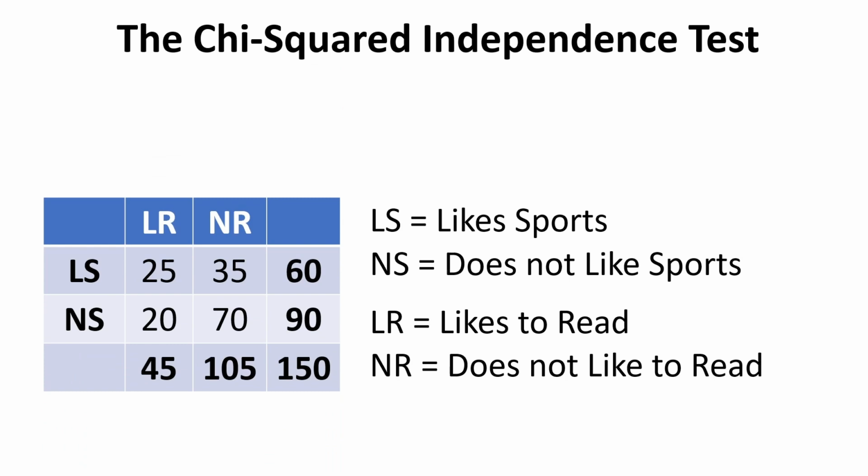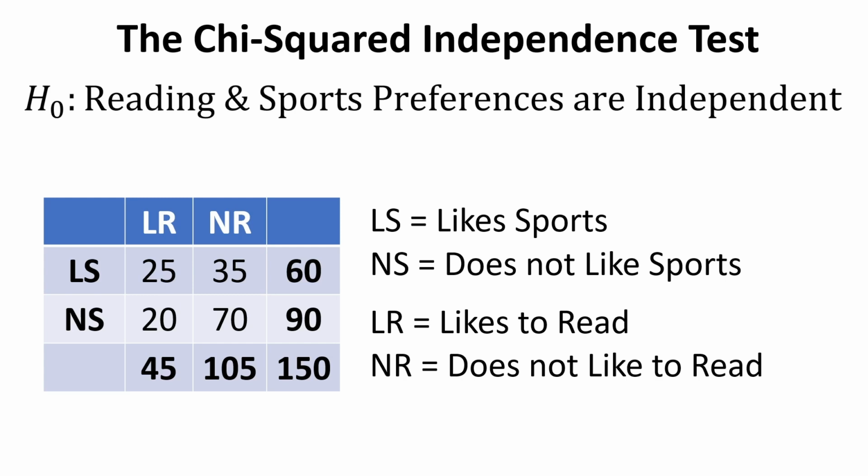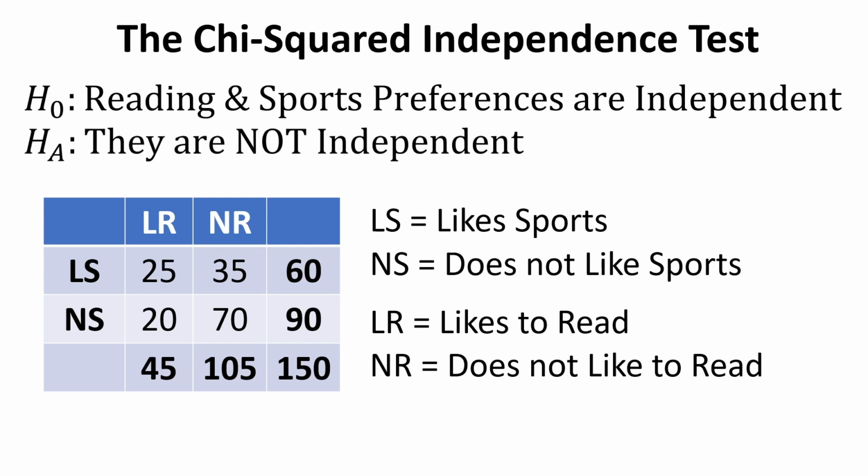So in this case, the chi-squared independence test, the null hypothesis is that the two categorical variables are independent. So in this case, the null is that the reading and sports preferences are independent of each other. The alternative is that they are not independent, or to put it another way, that the two categorical variables are dependent.